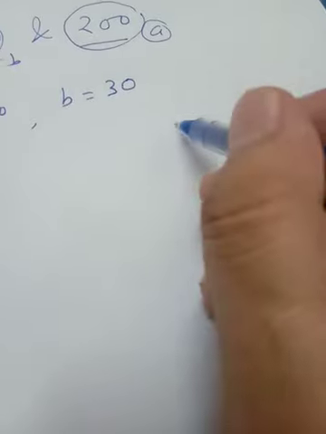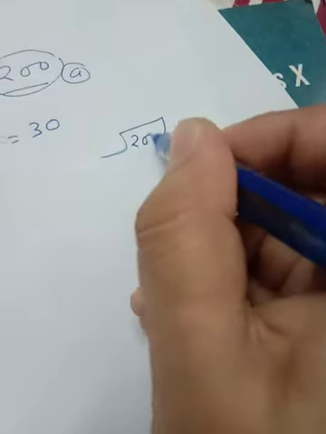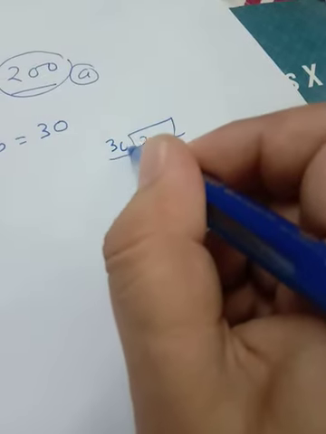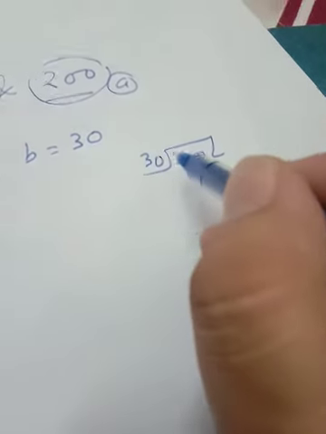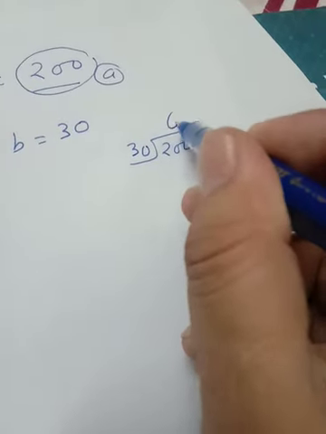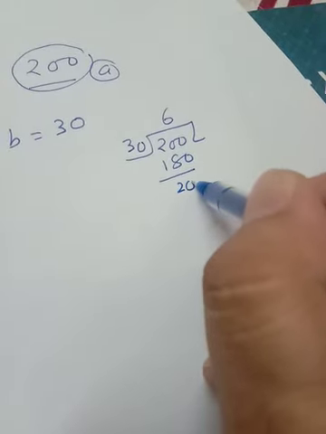First of all, we have to divide 200 by 30, in one single step. 30 times 6 is 180 and the remainder is 20.